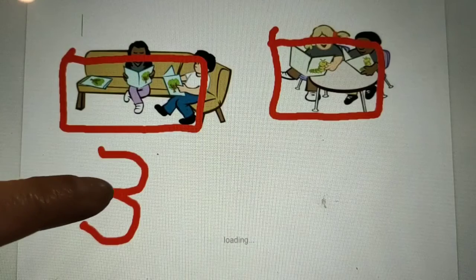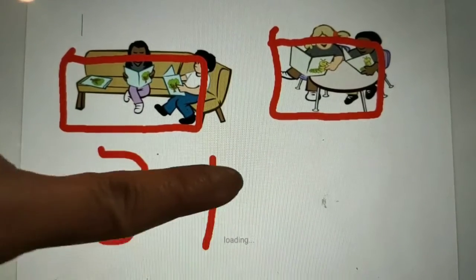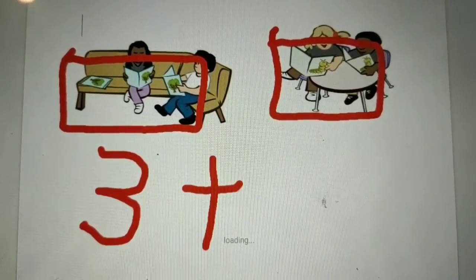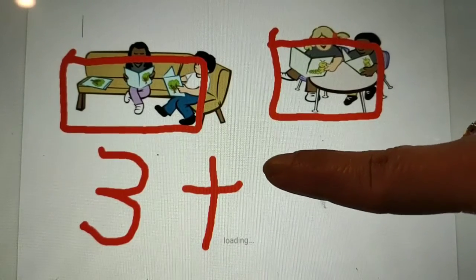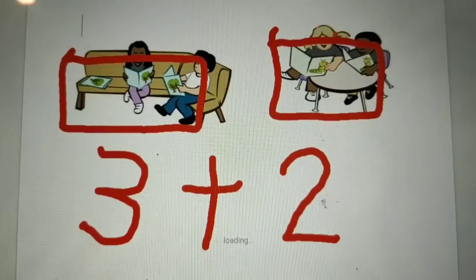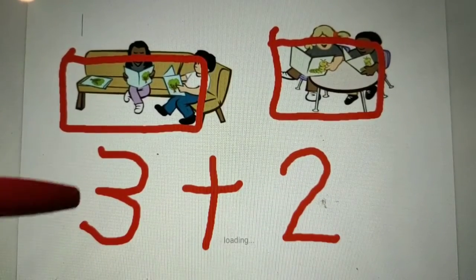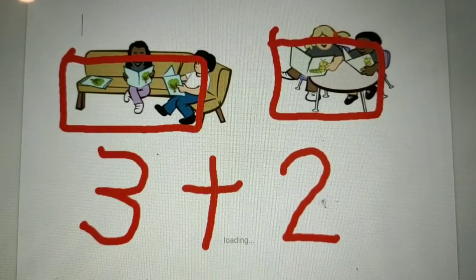I'm gonna say 3 plus, how many copies of Hungry Caterpillar? 2. Let me write 2 right here. Very nice. So 3 plus 2, how many books are there all together? Ooh, how did you know that? Did you draw 5 books?